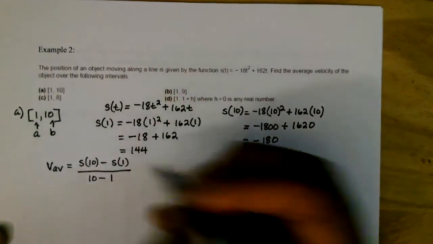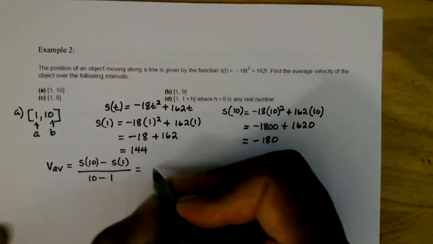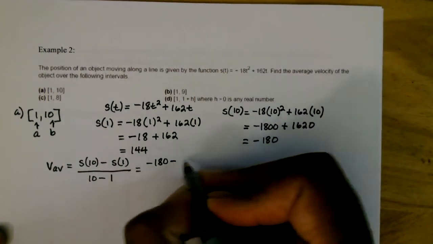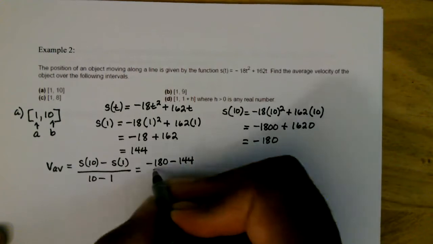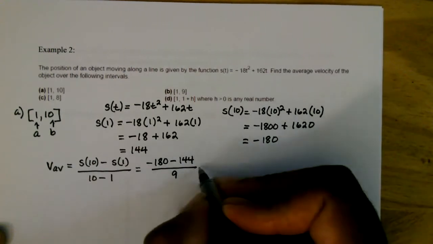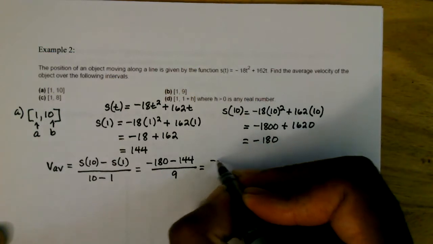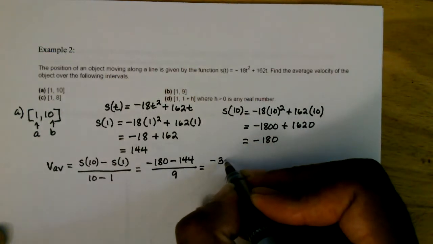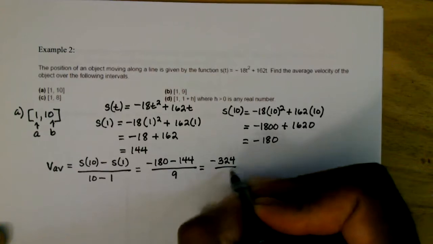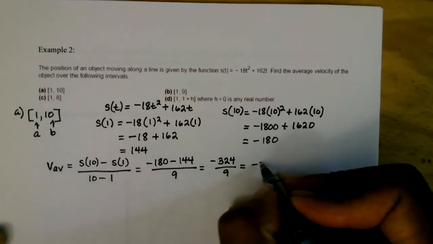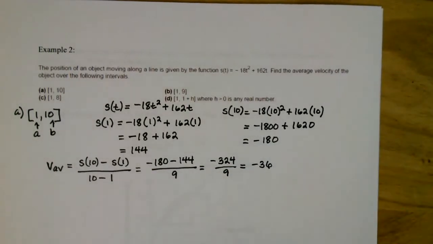Now, when I simplify this, S of 10 was negative 180 minus S of 1, that's 144, divided by 10 minus 1, which is 9. And then if I subtract 144 from negative 180, that would be negative 324. And negative 324 divided by 9 ends up being negative 36. Okay, so the average velocity from A being 1 to B being 10 will be negative 36.